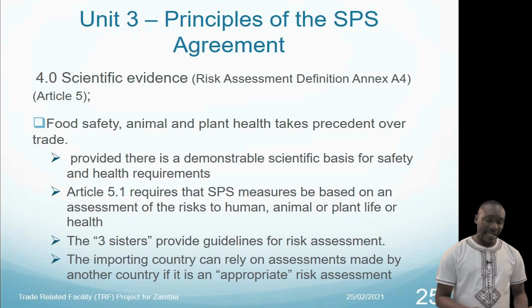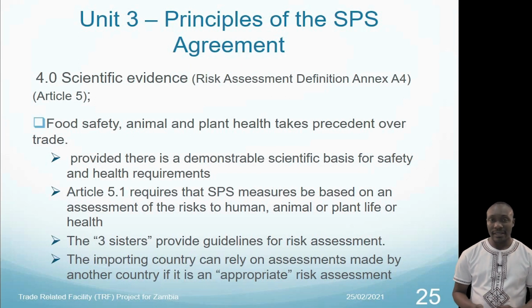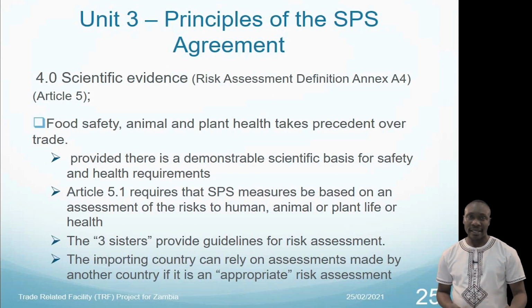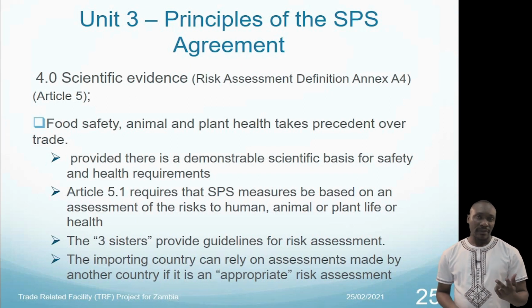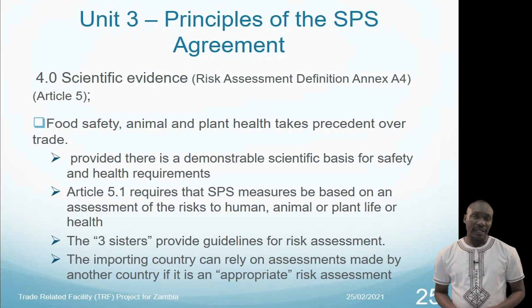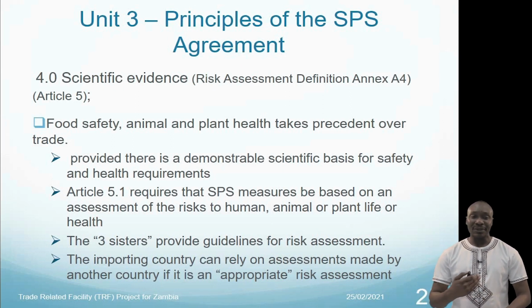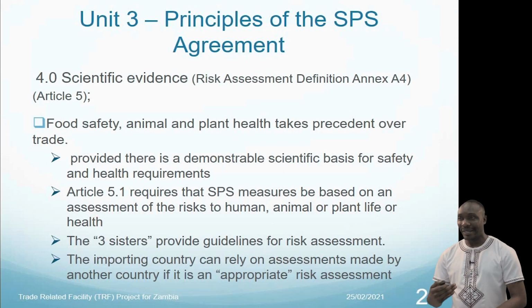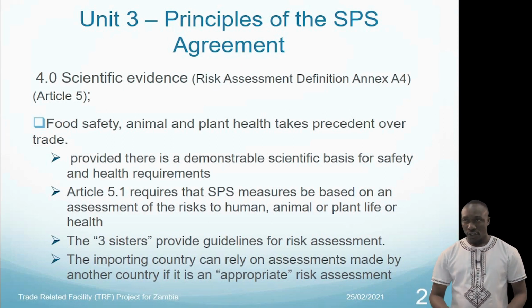You have guidelines given by the three sisters that we mentioned earlier on, the OIE, the IPPC, and the Codex Alimentarius Commission. They give guidelines on how to undertake these risk assessments, so that in setting up requirements with regard to the right to protect your human, animal, or plant life and health, you undertake the risk assessments as guided by those three bodies.